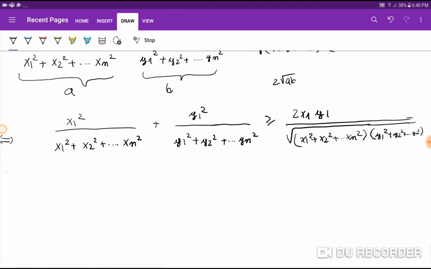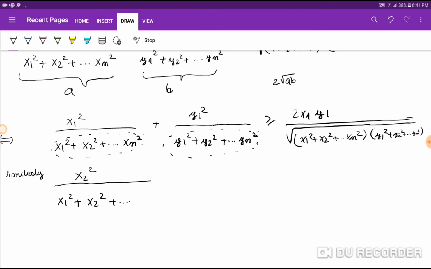Similarly, I'm going to do this for x2 square. The denominator is still the same as before; I'm not going to change it. So x2 square over x1 square plus x2 square plus all the way to xn square, plus y2 square over y1 square plus y2 square plus all the way to yn square.